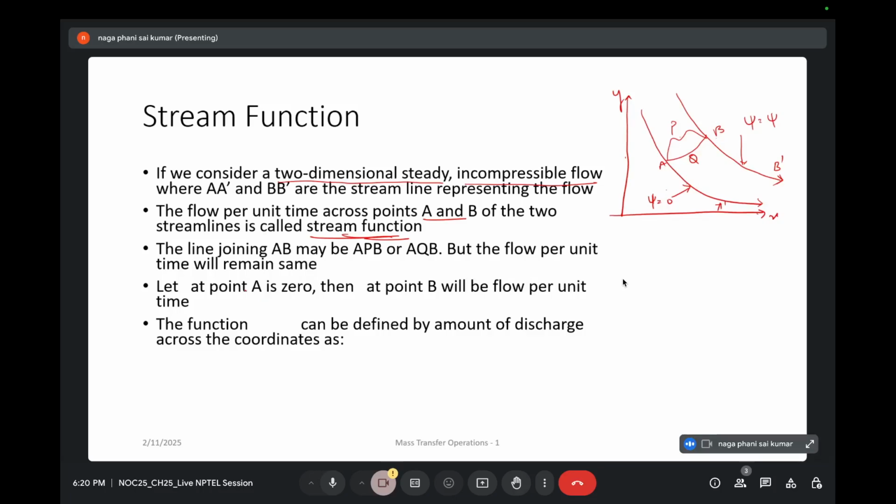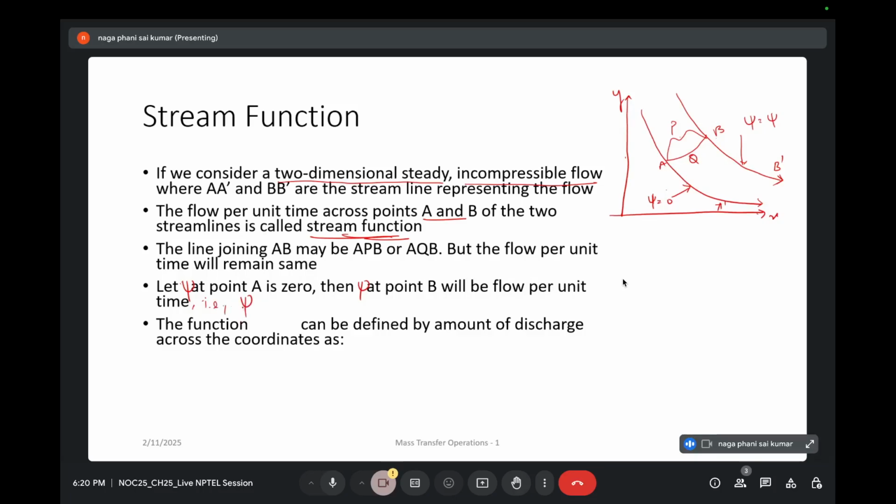Let phi at point A be 0. Then phi at point B will be the flow per unit time.